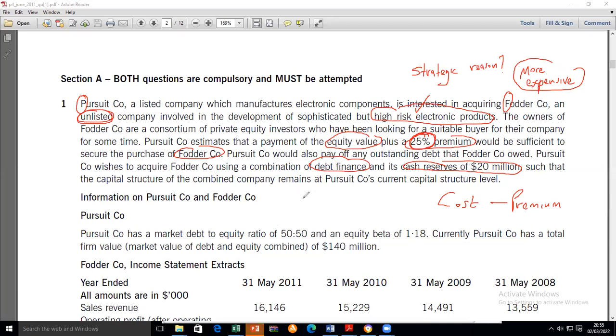One of the things that can make an acquisition unattractive at the end of the day is the mode of financing and the financial risk that it creates. So when you look at these things, remember the theory that we covered. There's the issue of financing here: a combination of debt and a cash reserve, such that the capital structure of the combined company remains at Pursuit company's current capital structure. Now this, we saw it earlier on again.